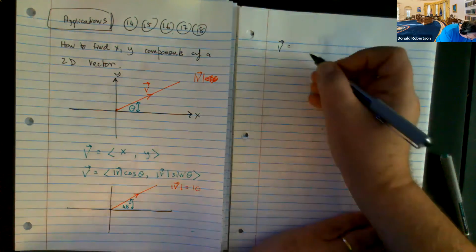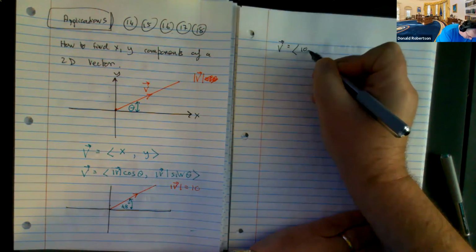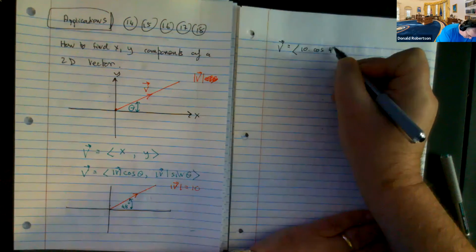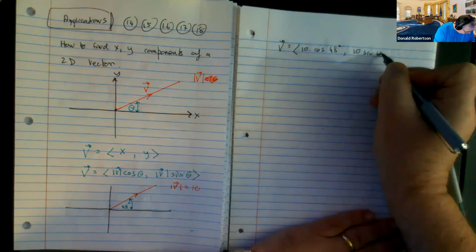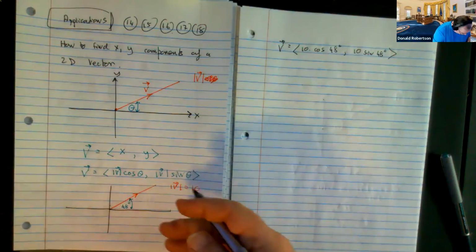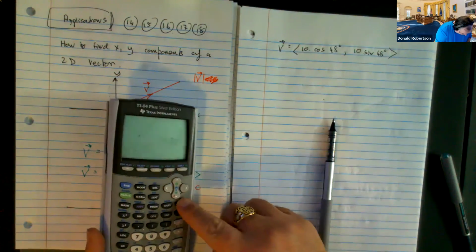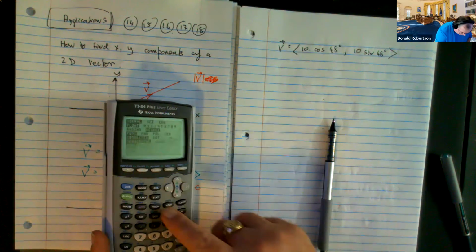So it's going to be the magnitude times the cosine of the angle, and the magnitude times the sine of the angle. And let's say that they want the answer to 1 decimal place. So make sure that I'm in degrees, which I am right now.